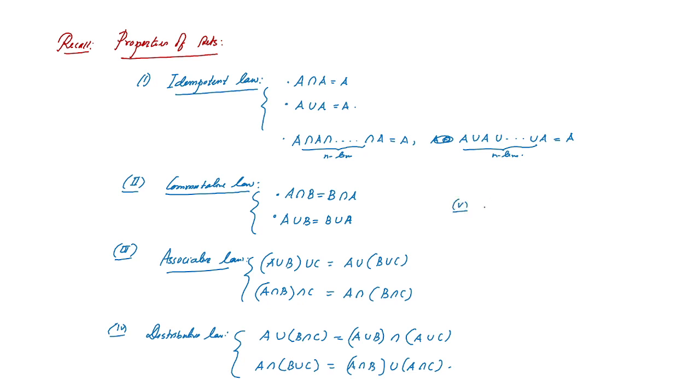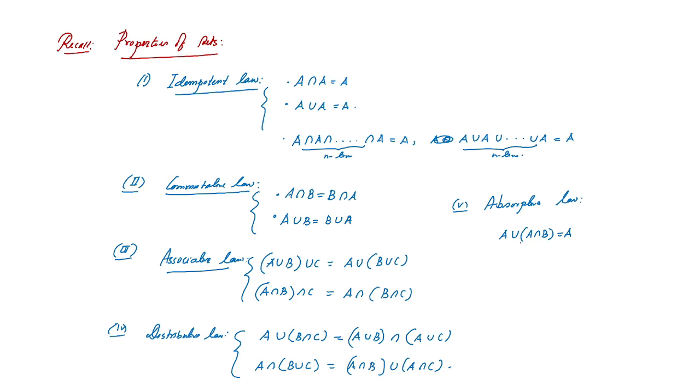Next is another important law, called the absorptive law. This law says that A union (A intersection B) is A. That means A absorbs the intersection. You can visualize it with the help of a Venn diagram.